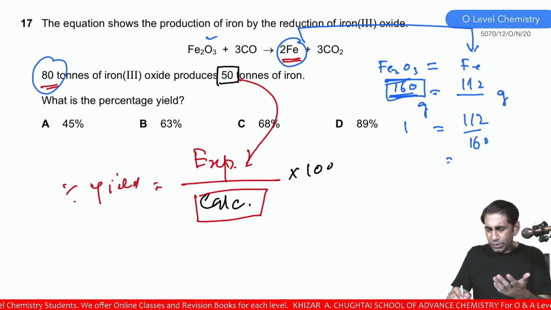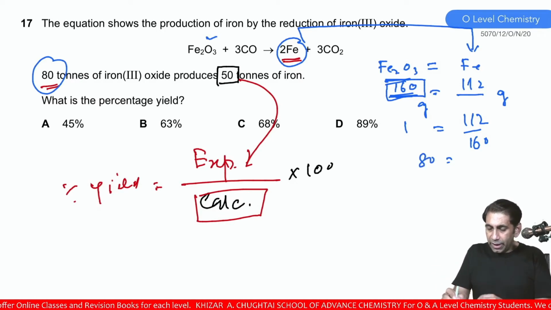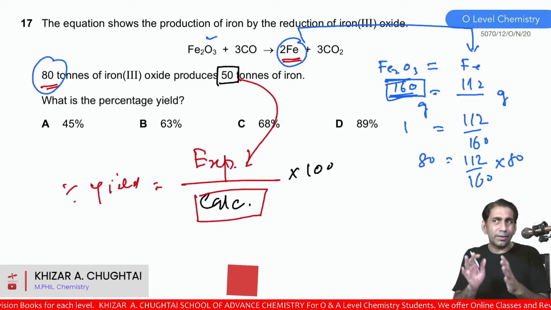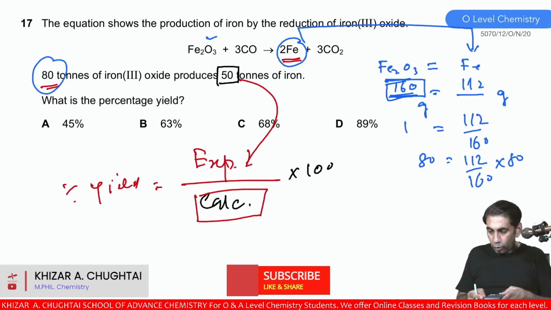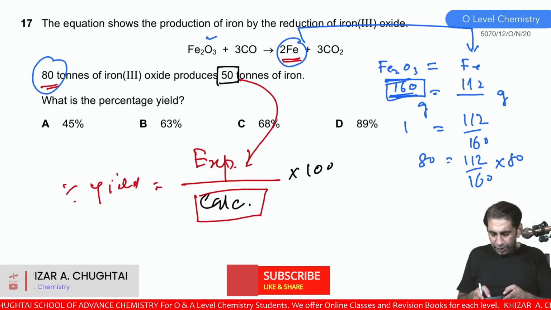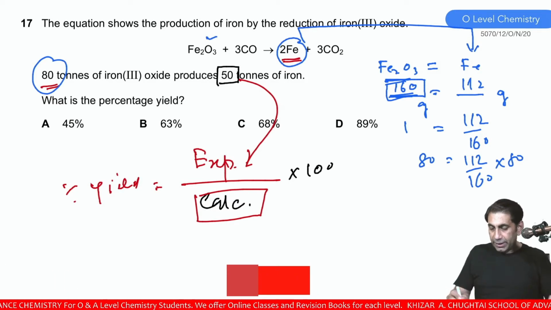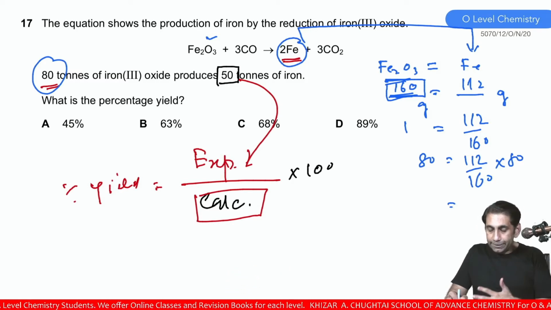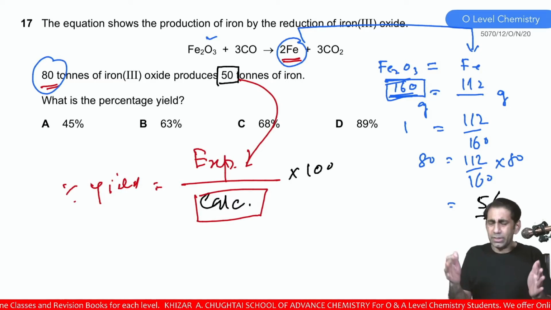I'm going to suppose tons, that is, let's suppose they are grams. 80 grams: 112 over 160 into 80. There is no need to convert tons into grams or grams into tons. So what is the answer? 112 divided by 160 multiplied by 80. The answer is 56. So the calculated yield, that was expected to be formed, is 56 tons or grams, which is one and the same thing.